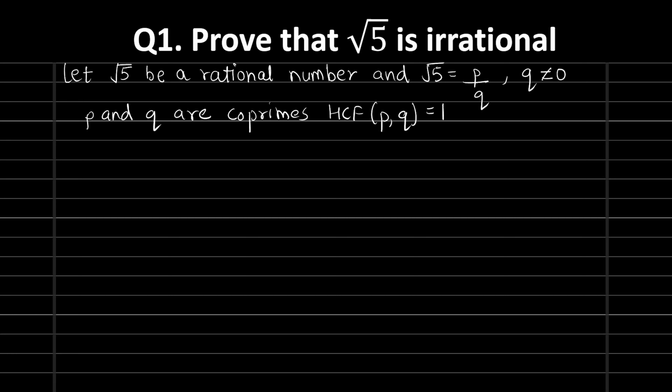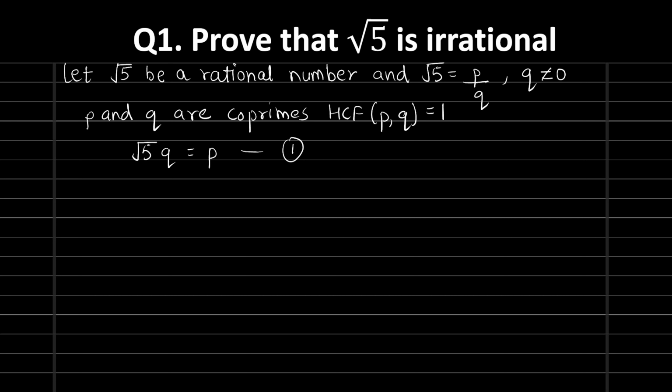This is what we have assumed. Now definitely if root 5 can be written in the form of p by q, on cross multiplying we can multiply q with root 5. We'll get root 5 q equals p. Now name it as equation 1.